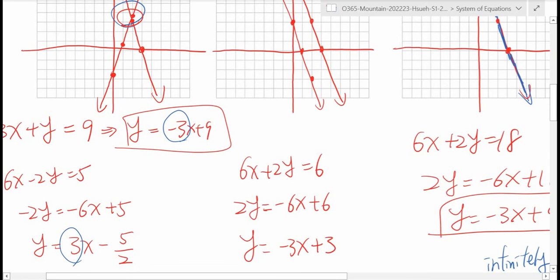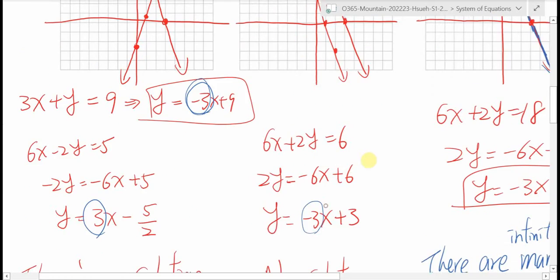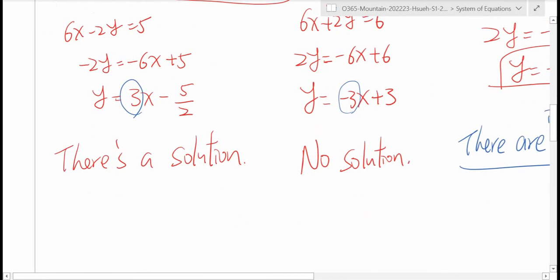For the second equation, we have a slope of 3. So they have different slopes. Whereas in the second question, you have negative 3 as one slope, and you also have negative 3 for the second line. So they have the same slope. The observation is that this one has different slopes. Oops, I spelled slopes wrong.